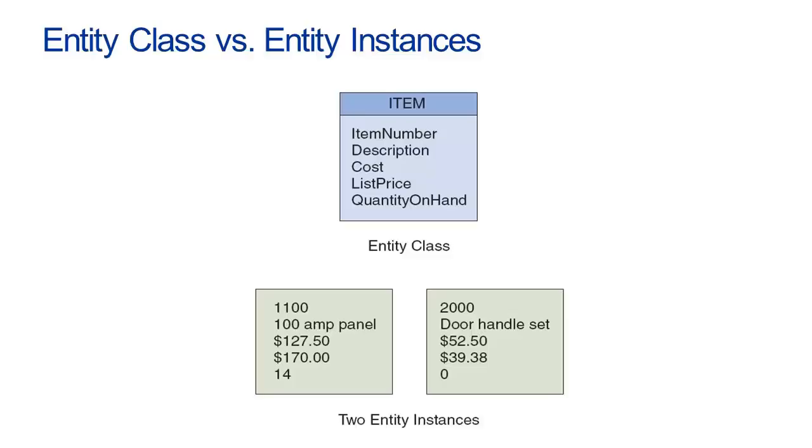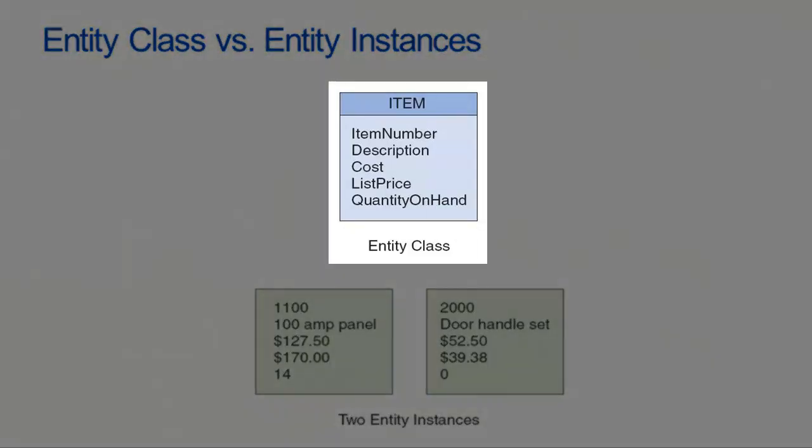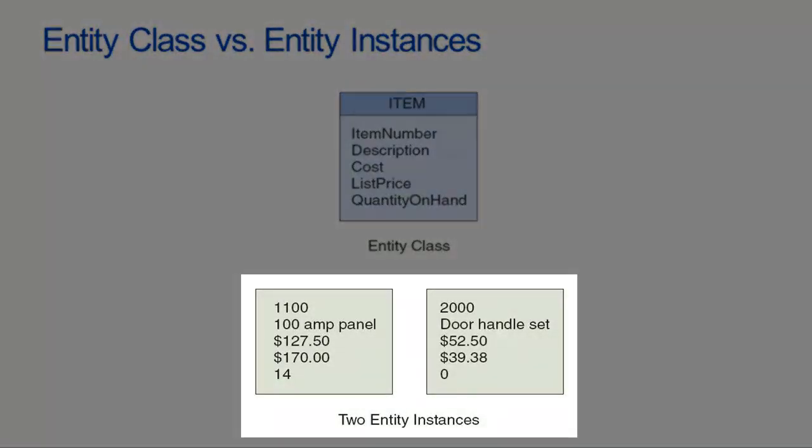Here we see some additional examples. Our entity class in this case is an item, and we can see that the item entity contains 5 attributes: item number, description, cost, list price, and quantity on hand. And then we see 2 instances of that entity.